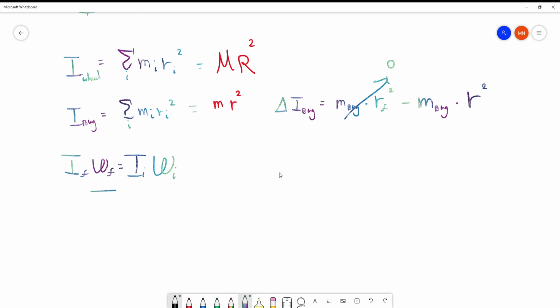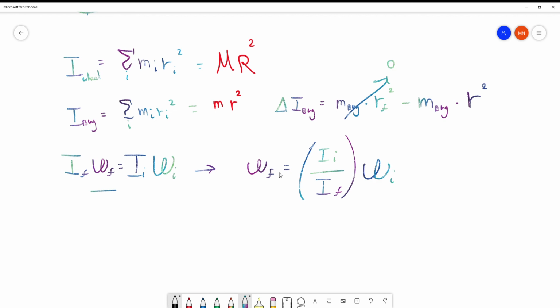So let's solve for it: the final angular velocity is equal to our ratio of moments of inertia, I_I divided by I_F, multiplied by omega initial.